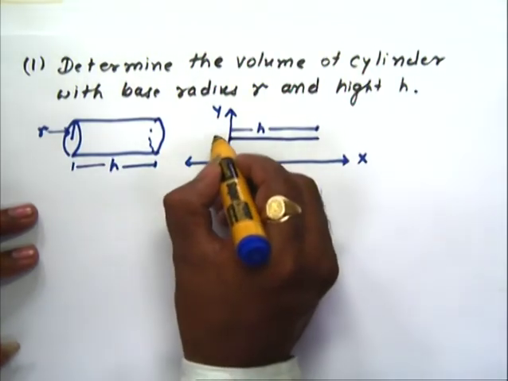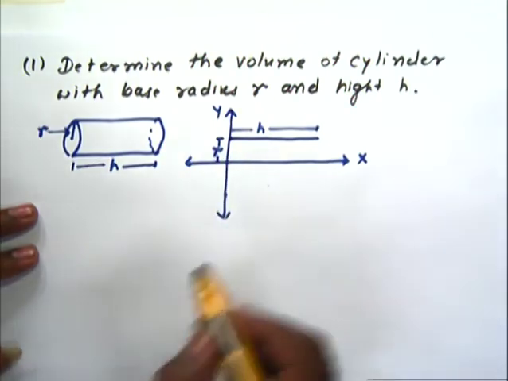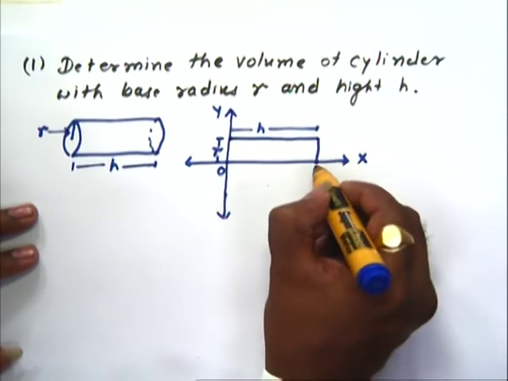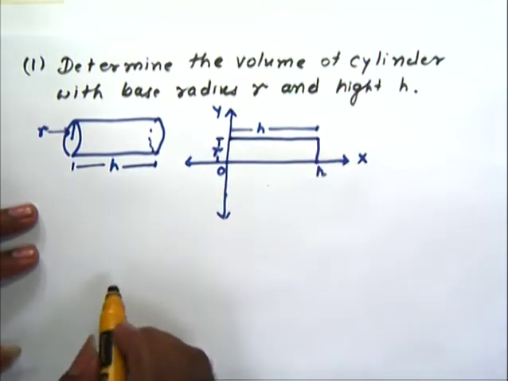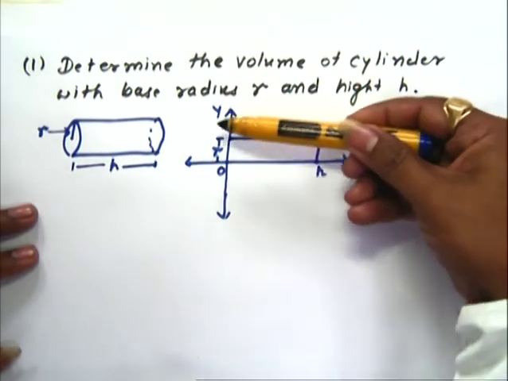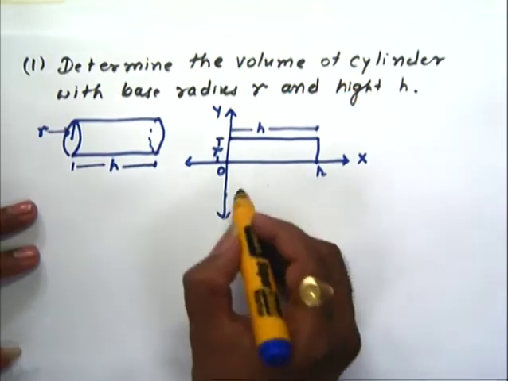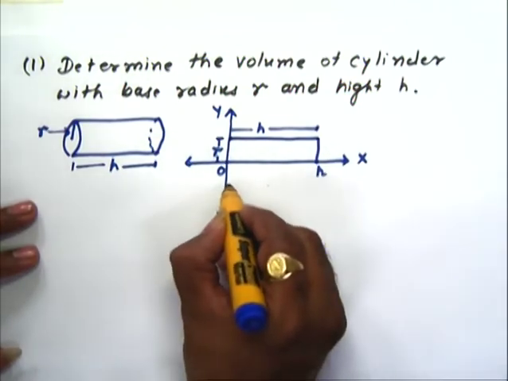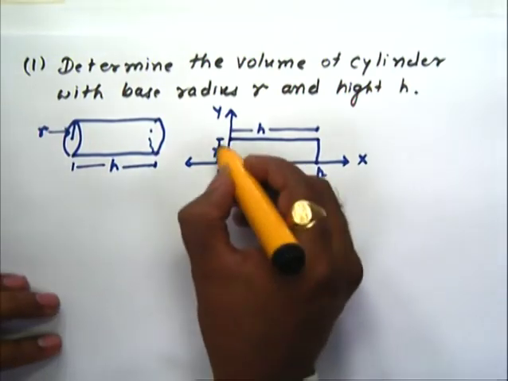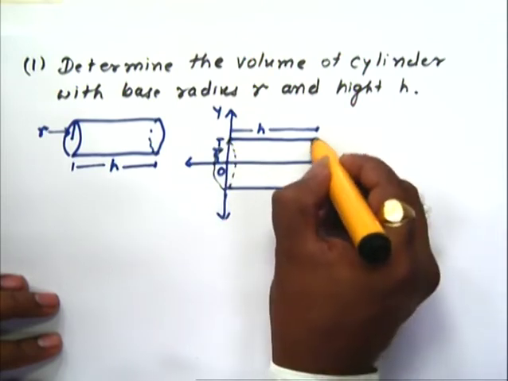And height is r. Okay, this is x equal to 0, this is x equal to h. Now if we rotate this line about x axis, then we will get this curve or this solid.